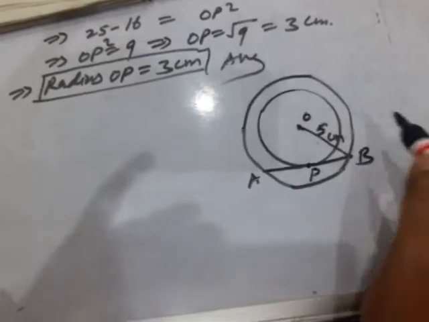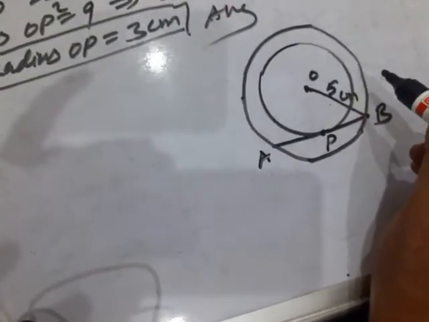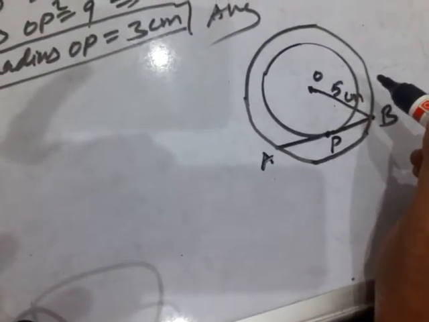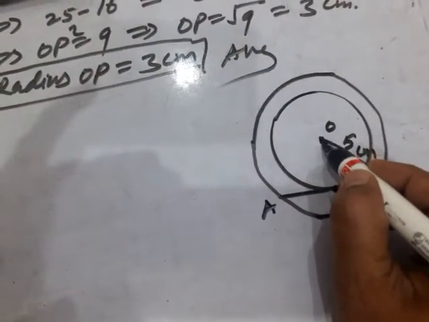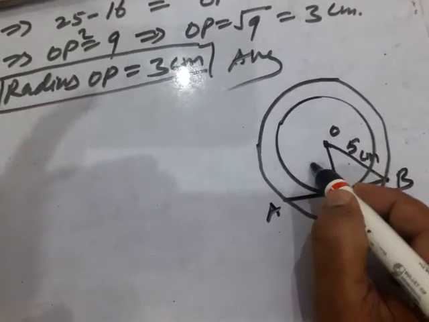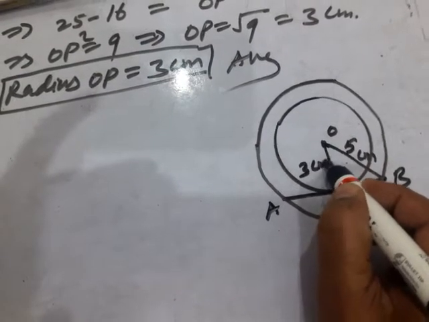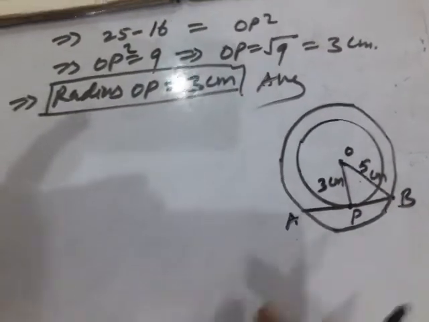The radius of the smaller circle is given to be 3 centimeter. Okay, children, now your figure is complete.